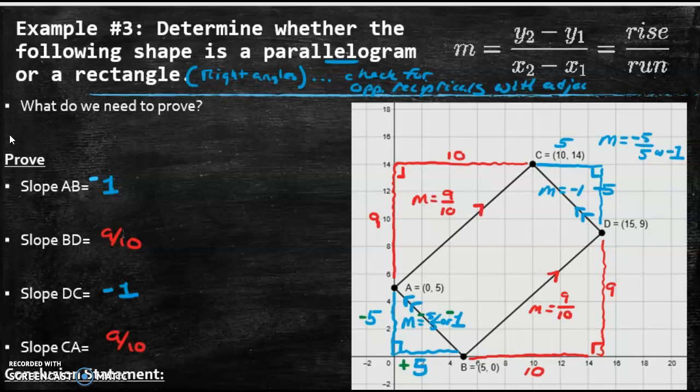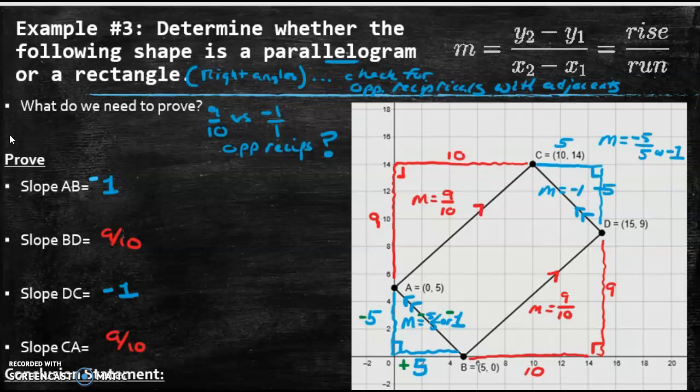We need to know if we're going to have right angles. So 9/10 versus -1/1. I'm going to write it up here. You got, oops, that's a positive 9/10. You got 9/10 versus -1/1. Do these look like they're going to be opposite reciprocals?